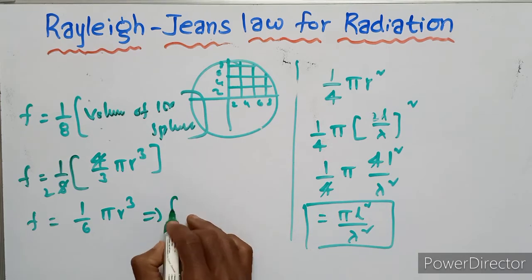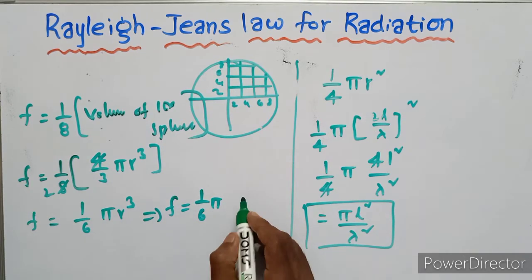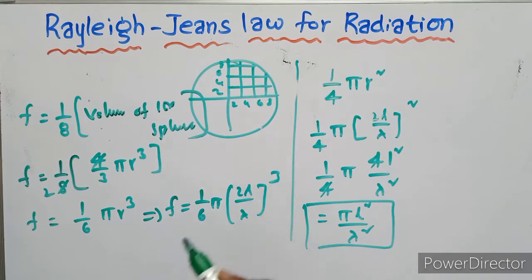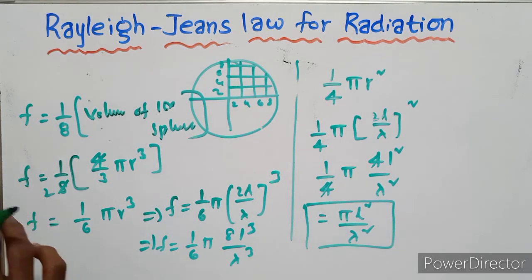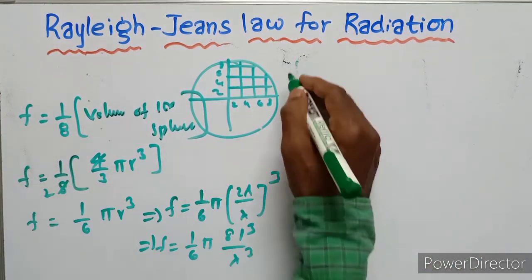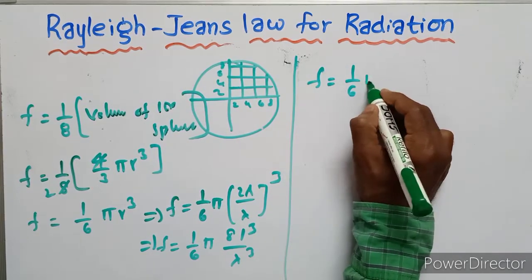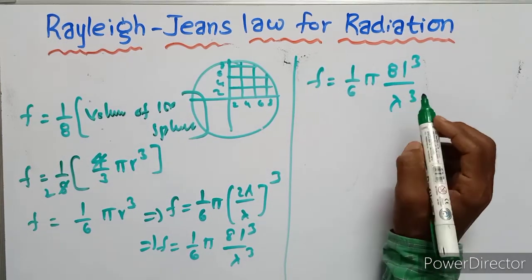This equation can be written as F equals 1 upon 6 pi, where r is 2l upon lambda cube. So frequency equals 1 upon 6 lambda 8 l cube upon lambda cube.